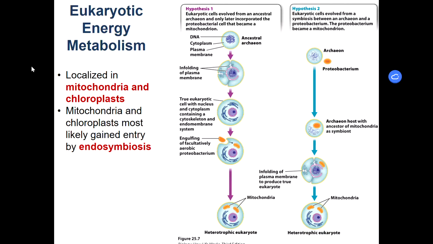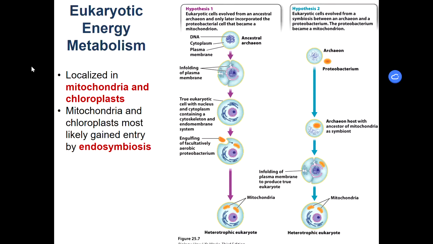The first hypothesis is that you had some ancestral archaeon-like cell, and here's the DNA in the cytoplasm, and the infolding of the plasma membrane happened first, which helped to form the nucleus, and then later a proteobacterium was engulfed, and that is what became, in this example, the mitochondria. So that's one hypothesis. Infolding and formation of the nucleus happened first, and then we engulfed the endosymbiotic ancestral mitochondria.